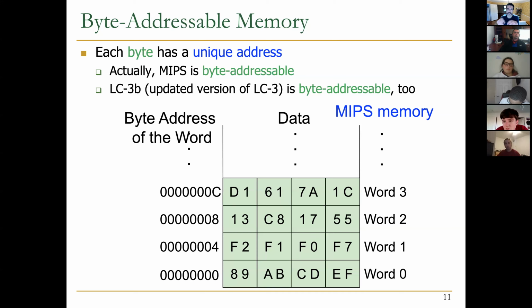EF is byte number 0, I'm seeing the lowest row. CD is number 1. AB is number 2. 89 is number 3. And basically the second row starts with number 4. So each byte address points to the first location, essentially, in the global address memory. So hopefully this is clear.